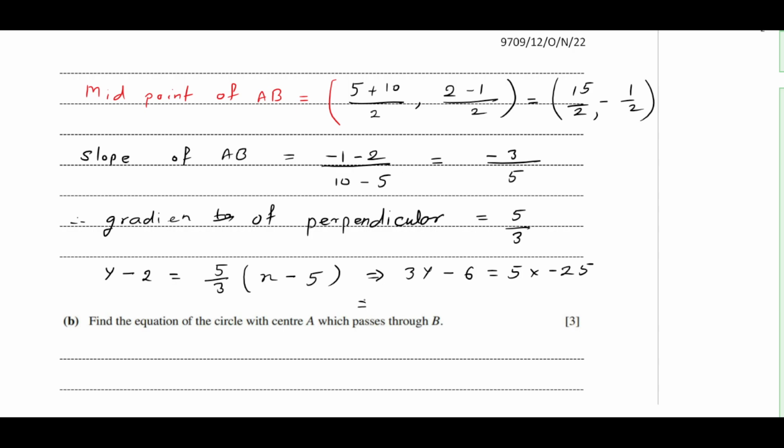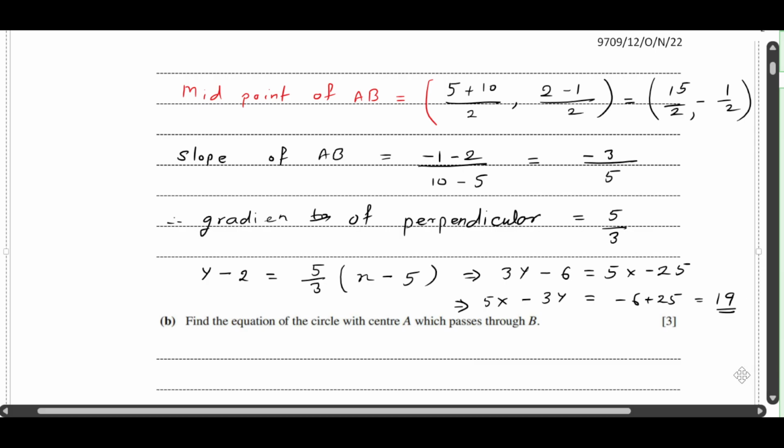So this will give you 5x minus 3y is equal to minus 6 plus 25. So minus 6 plus 25 is what? It's 19.